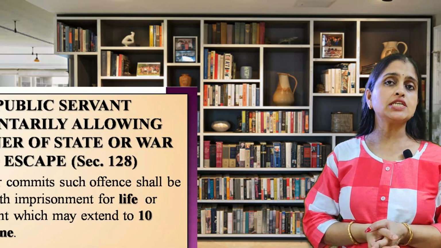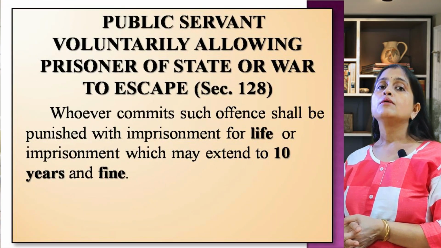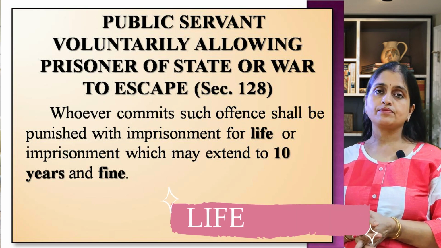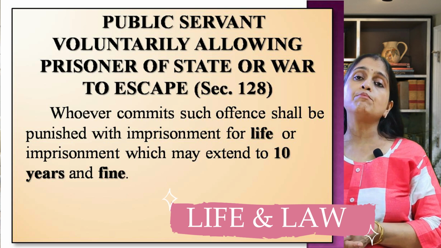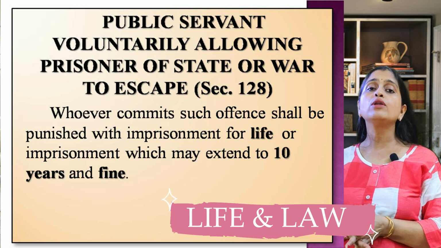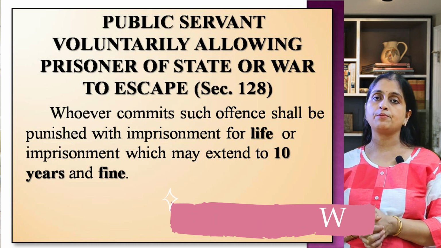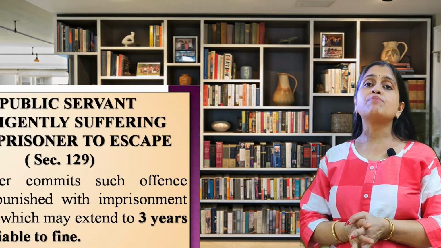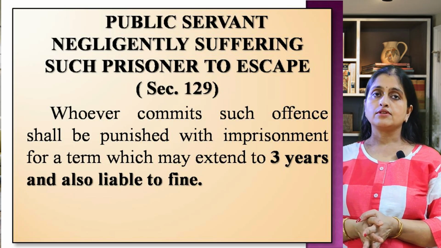According to section 128, public servant voluntarily allowing prisoner of state or war to escape. Whoever commits such offence shall be punished with imprisonment for life or imprisonment which may extend to 10 years and fine. Section 129 says public servant negligently suffering.